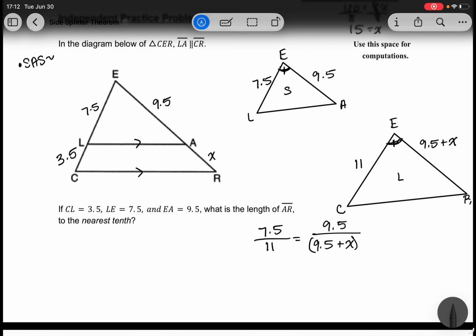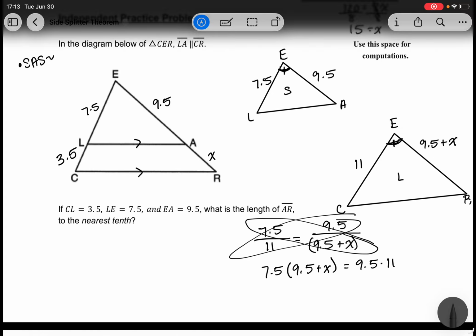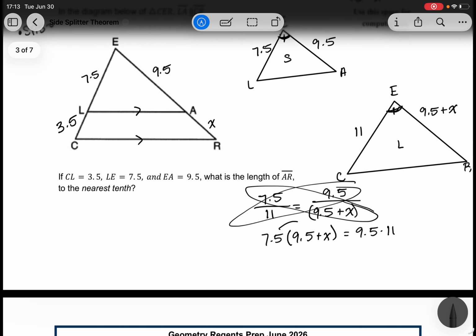From here, we're going to cross multiply. So 7.5 parentheses 9.5 plus X equals 9.5 times 11. So let me pull out my calculator, because sadly I cannot do this math in my head. So distribute the 7.5 to 9.5 and the X, which leaves us with 71.25 plus 7.5X equals 9.5 times 11.